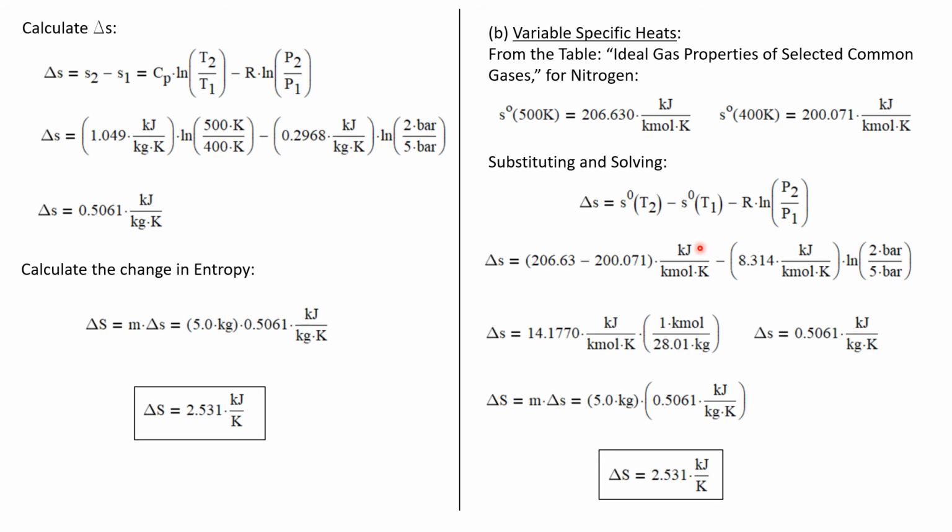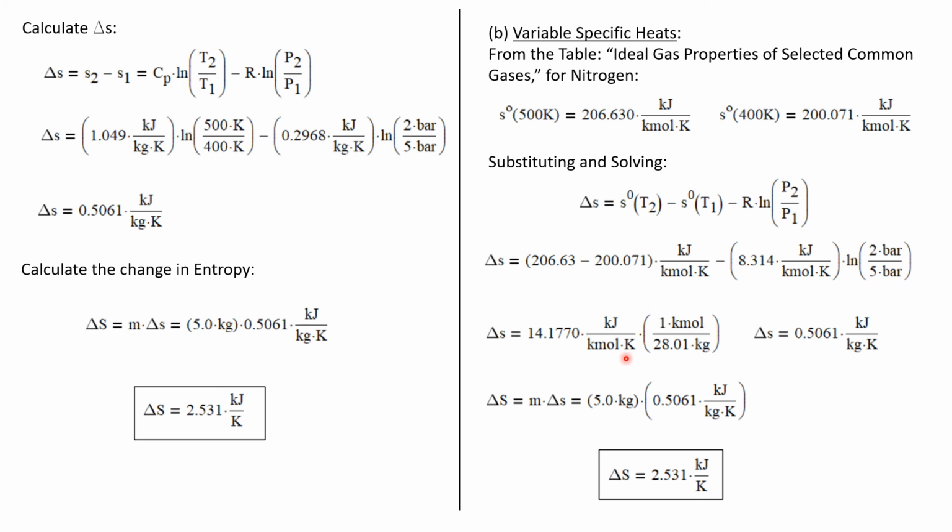But those have units of kilojoules per kilomole K. So I'm going to subtract from that R natural log P2 over P1. I'm going to use the universal gas constant R because it has units of kilojoules per kilomole K. And then I have to multiply by the natural log of P2, which is 2 bar, over P1, which is 5 bar. So that gives me a value of delta S is 14.1770 kilojoules per kilomole K.